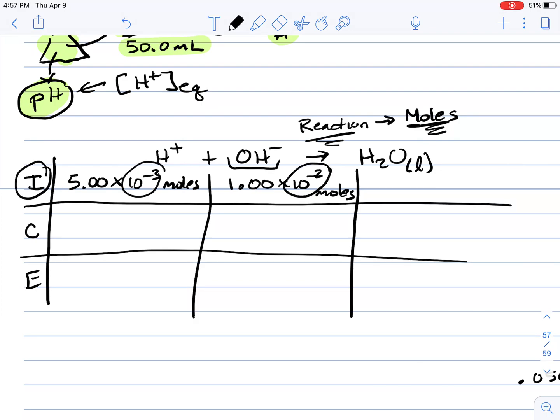And so therefore, the acid lost in this round. There are just too few of those substances to neutralize the hydroxide. It is hydroxide that's going to dominate in this round. And so we're going to subtract 5.00 times 10 to the negative 3 moles.